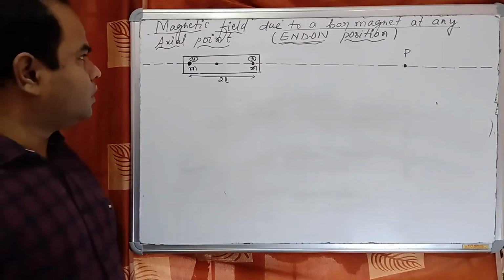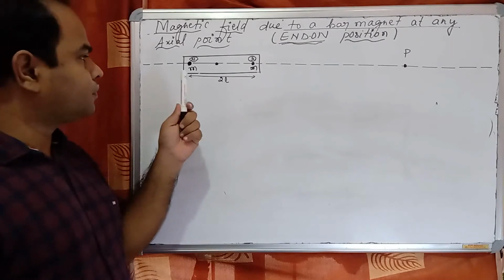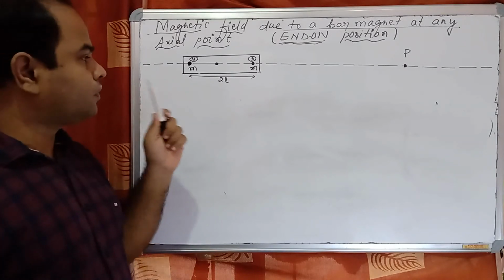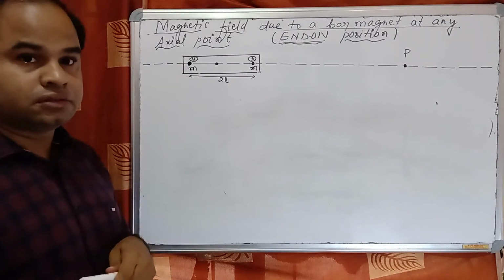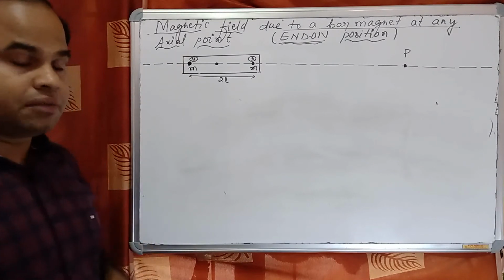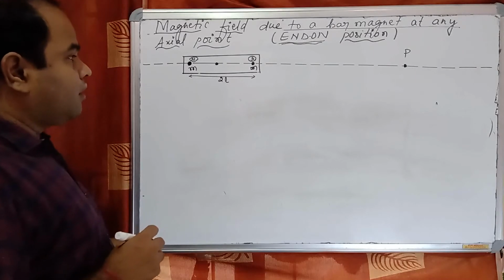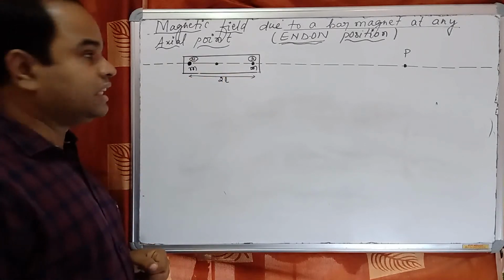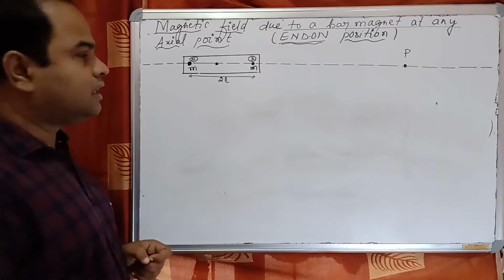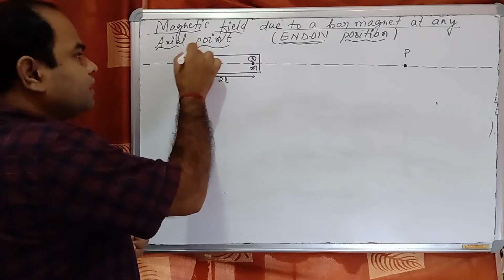Okay. So as per this question, again I am doing this. Let us consider a bar magnet having pole strength M. Let us say this bar magnet is AB.